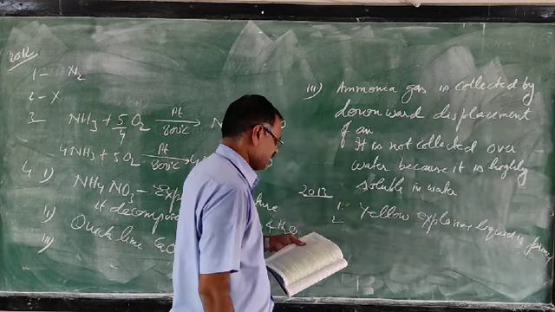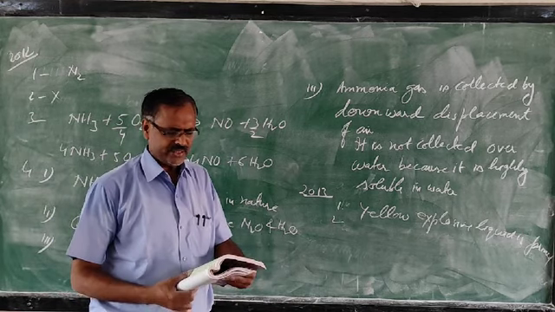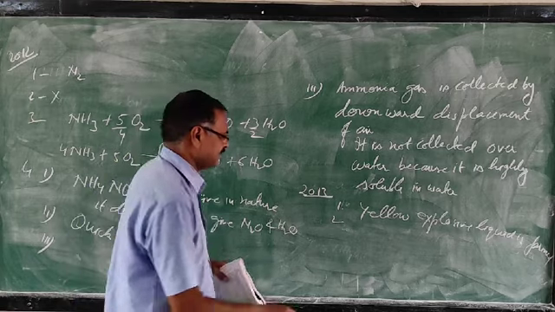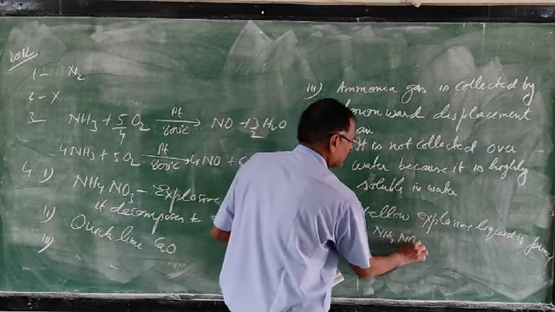Now the second one: nitrogen gas can be obtained by heating ammonium nitrate.